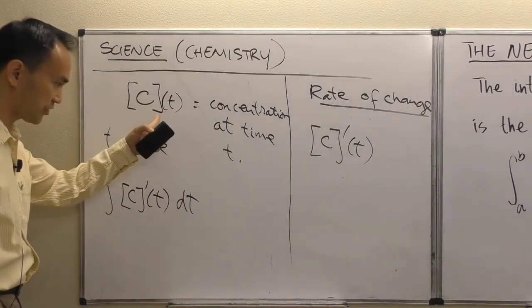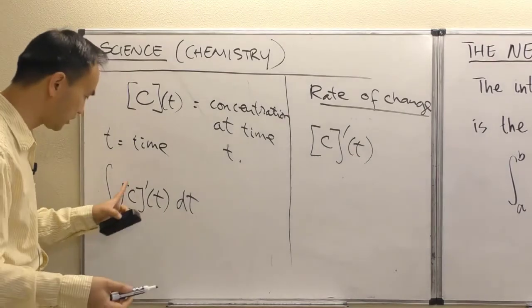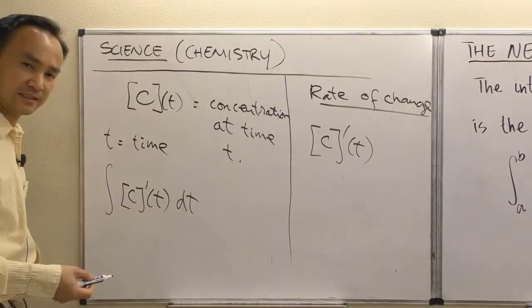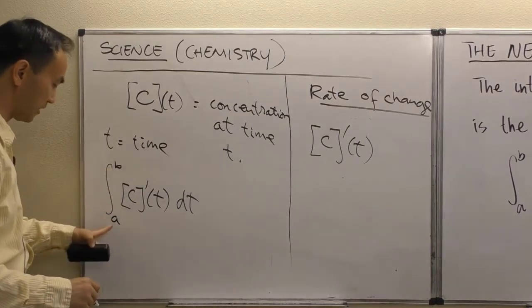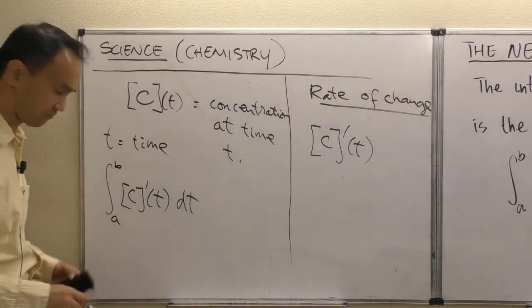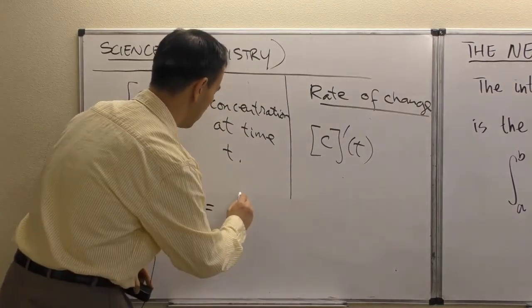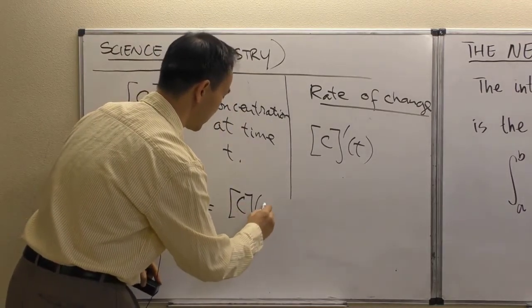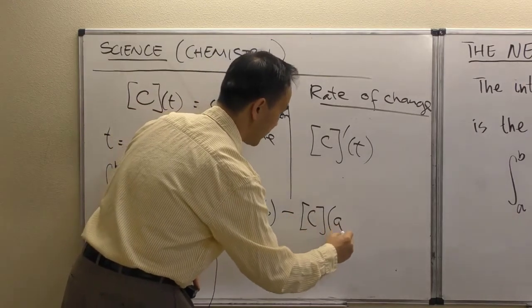If for any reason we know the derivative of our concentration, then we simply take the definite integral from time a to time b, and that gives us the total change: the concentration at time b minus the concentration at time a.